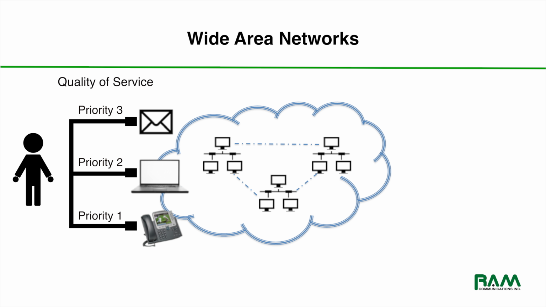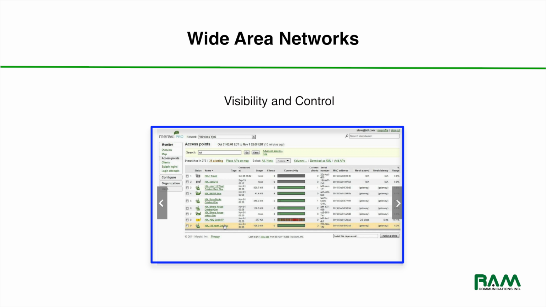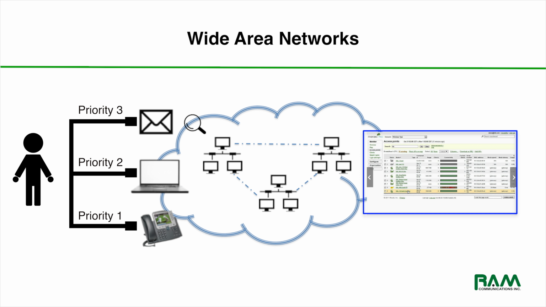And this is why today MPLS is one of the most desired, preferred networking technologies in the business world. Another benefit of MPLS networking comes in terms of visibility and control. The best network providers provide the best online tools so that their customers can see exactly what's going on with their network at any given time.